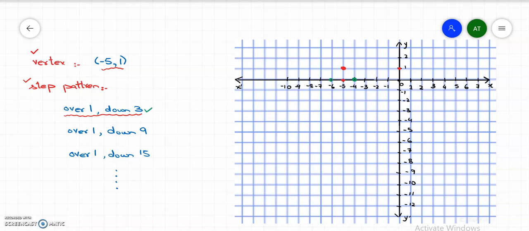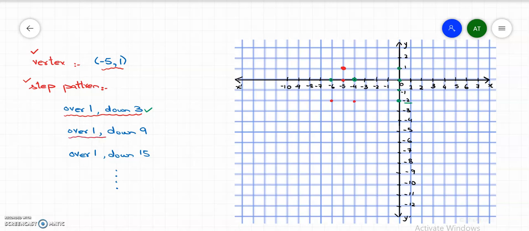And down 3 means we are at y equals 1, and when we move down 1, 2 and 3 units, we will be at -2, right? So my new points are x equals -4 and y equals -2, and x equals -6 and y equals -2. We are done with the first step pattern.